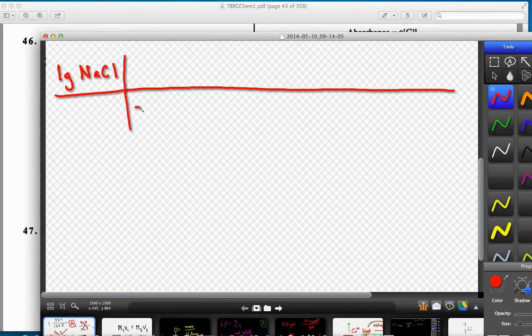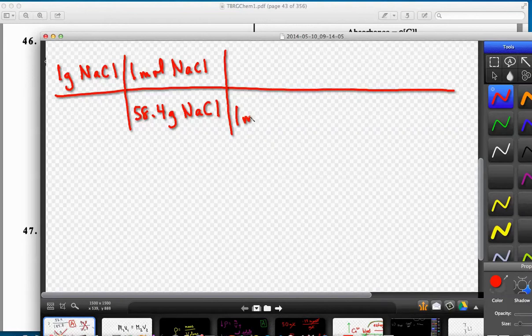I know that there's 58.4 grams of NaCl in 1 mole of NaCl. 1 mole of NaCl gives me 1 mole of Cl minus.